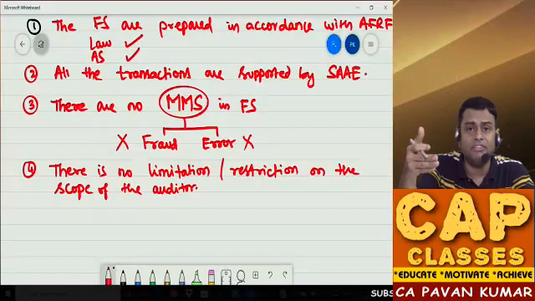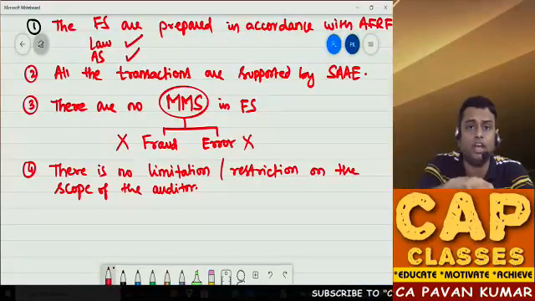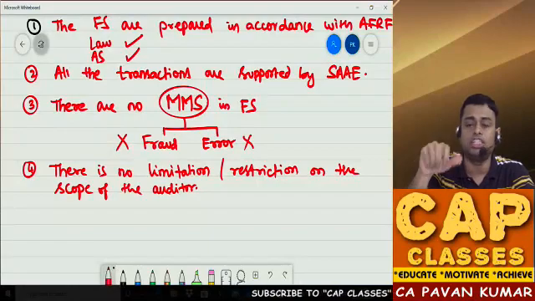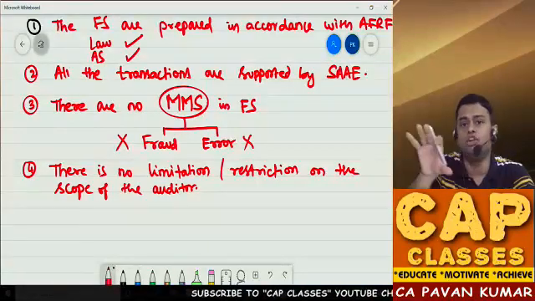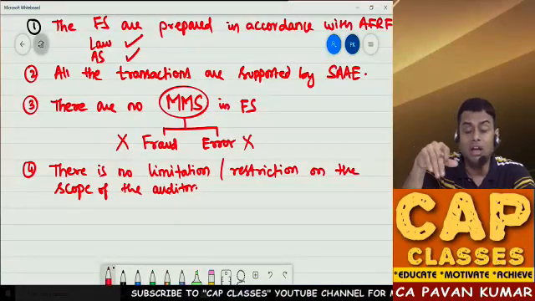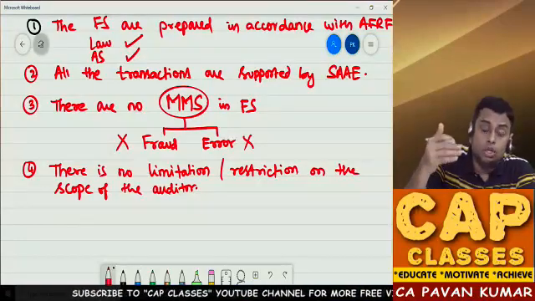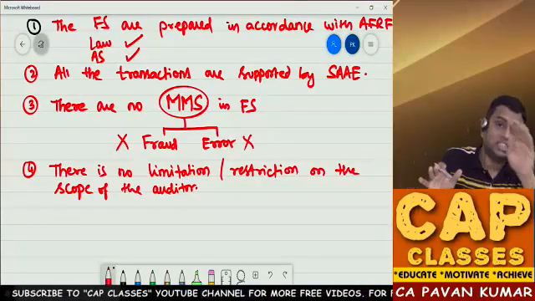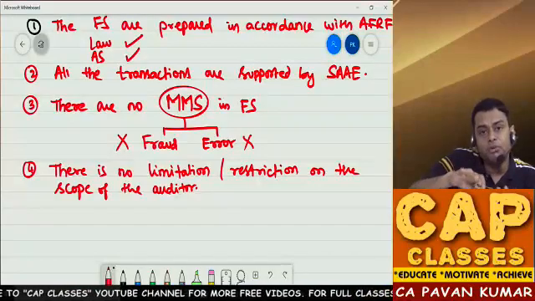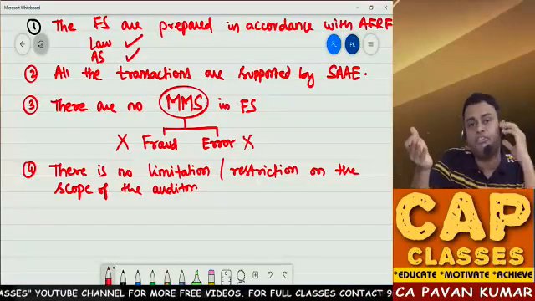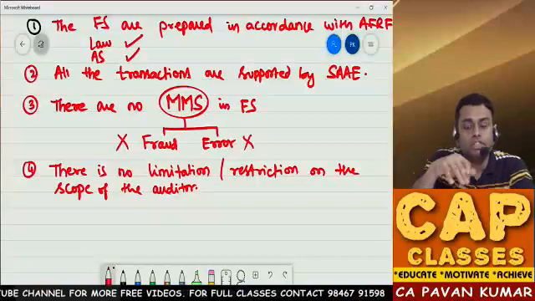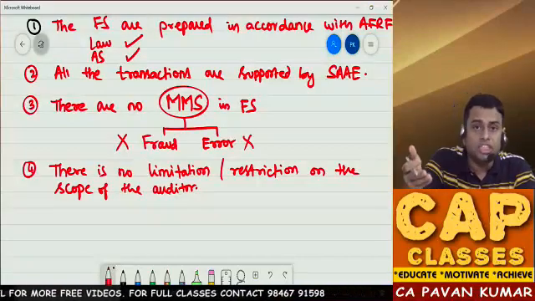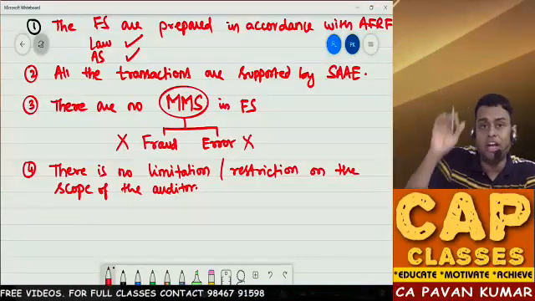I requested the finance manager, dear finance manager, as per your balance sheet, there is one lorry. I want to see the lorry. The finance manager said, no, not possible. So am I able to do what I want? If the answer is no, am I at least able to do some alternative audit procedure, and through that obtain audit evidence?